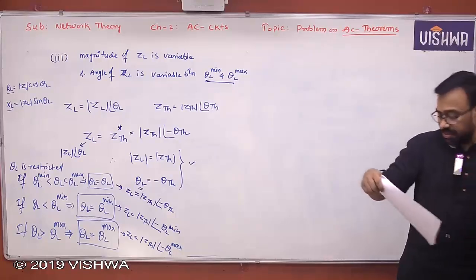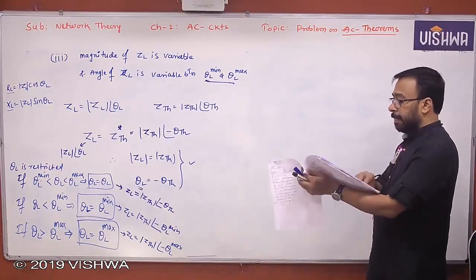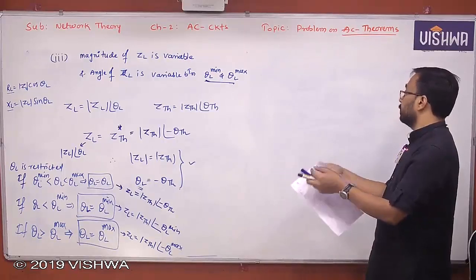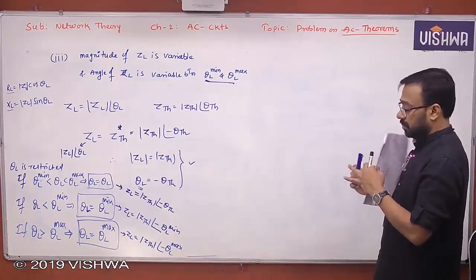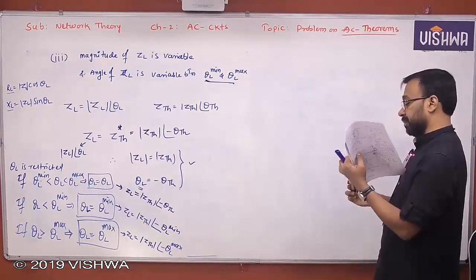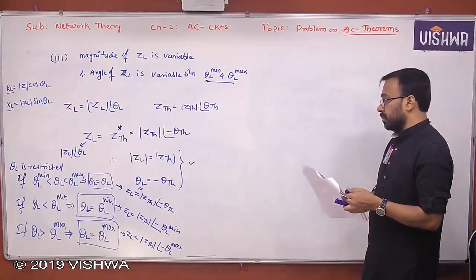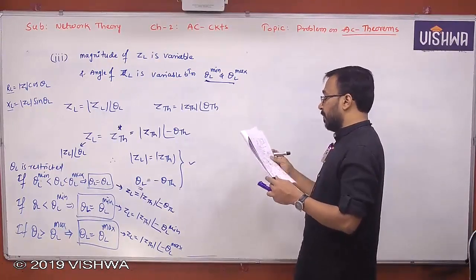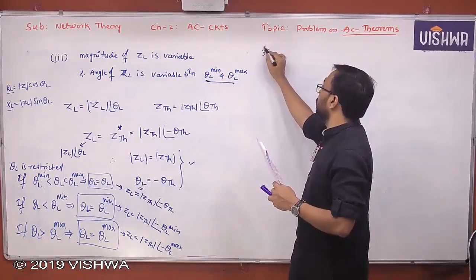We go step by step, from simple problems to some complicated problems. I start with the first problem on Thevenin's theorem. Note down that we have finished up to 34 problems. The 35th problem we are taking now.